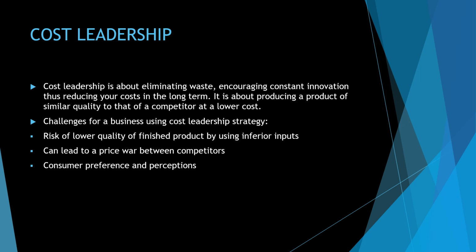So you want to make a similar product, essentially make the same pen as your competitors if you make pens, but you are more efficient, so you make it cheaper. So you're practically making the same pen, but you're making it for less, so you can charge less money for it, and people, of course, are going to go to you.